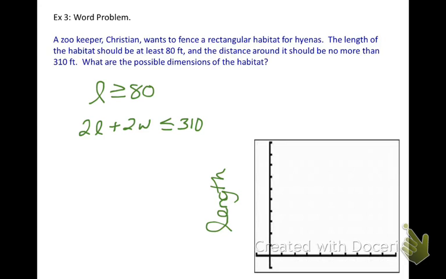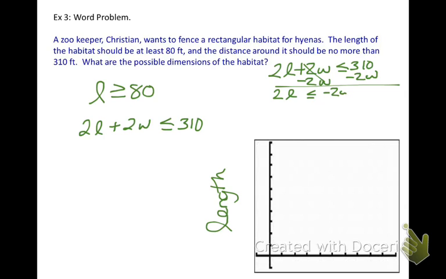So I need to turn that into L equals something. So I'm going to come over here and do 2L plus 2W is less than or equal to 310. Subtract 2W. 2L is less than or equal to negative 2W plus 310.